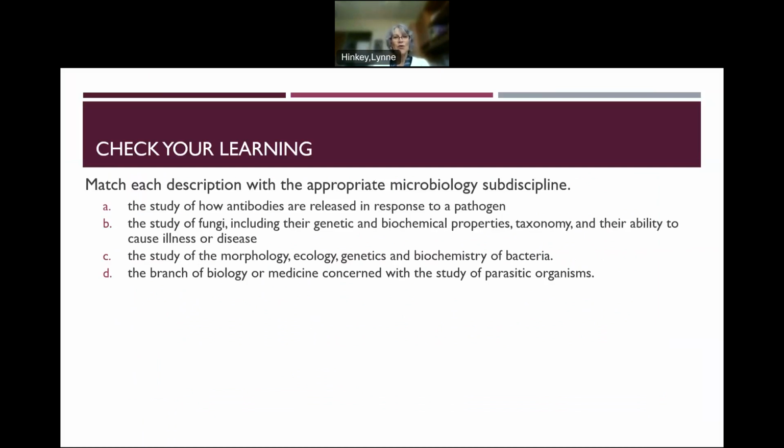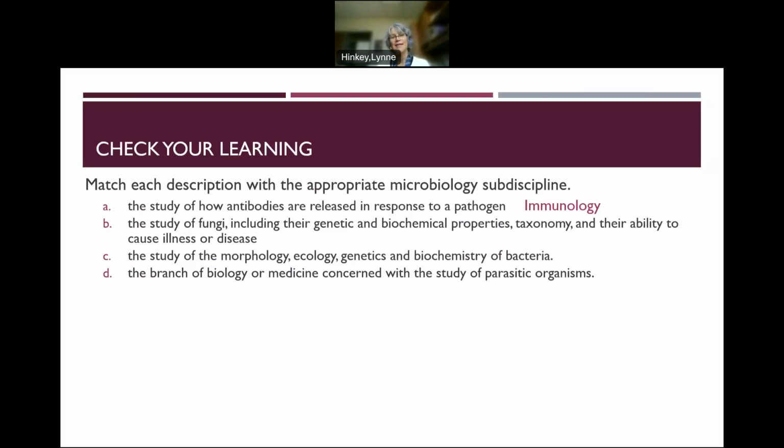Match each description with the appropriate microbiology subdiscipline. So A, the study of how antibodies are released in response to a pathogen. Which of those subdisciplines studies antibodies, response of our immune system, the presence of a pathogen? Immunology. The study of fungi, including their genetic and biochemical properties, taxonomy, and their ability to cause illness or disease.